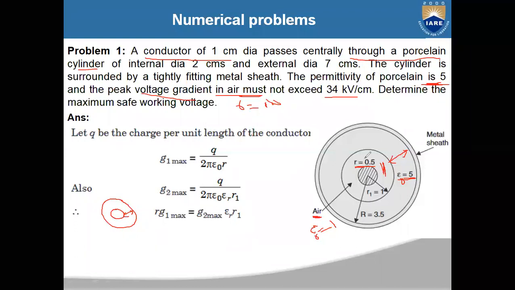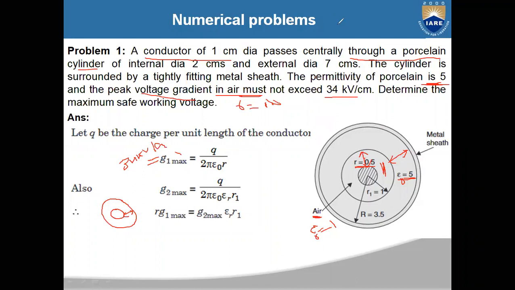So for the air between the conductor and the porcelain cylinder, the maximum potential gradient is 34 kilovolts per centimeter. So G1 max is given as 34 kilovolts per centimeter. Now you have to determine the safe working voltage of this cable.